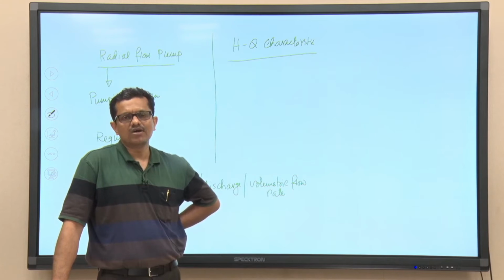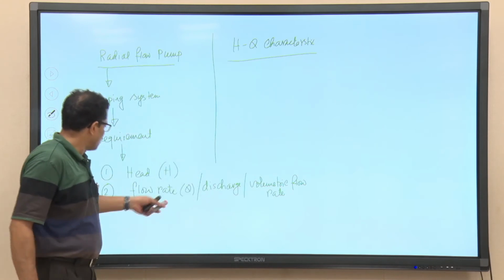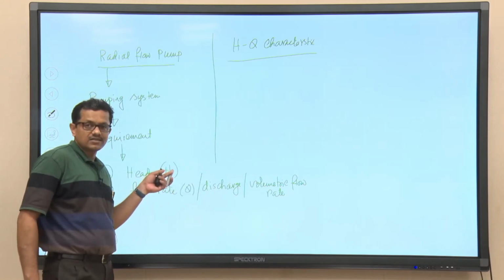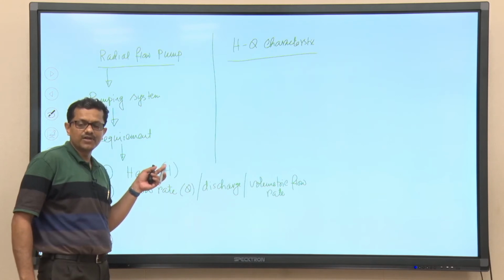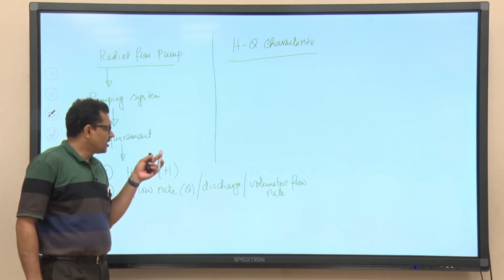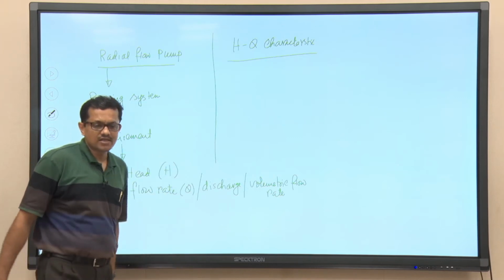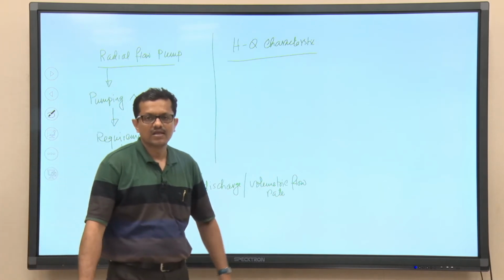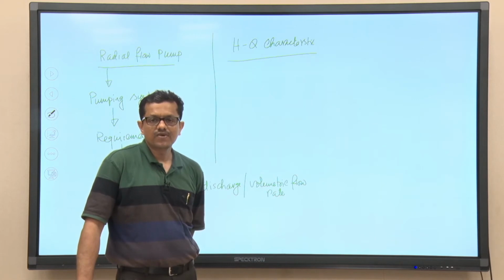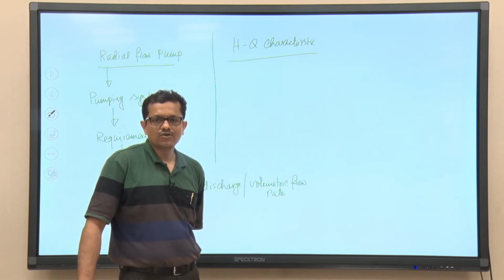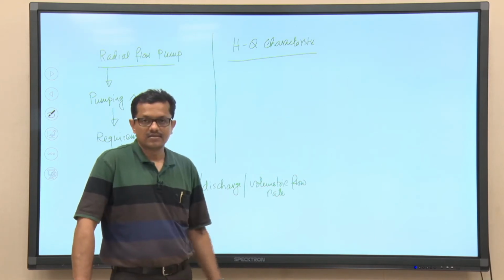If the requirement of Q is more against a low head, then definitely we should go for an axial flow pump. Now, if we go to purchase a pump from the market, we need to specify these two quantities, right.